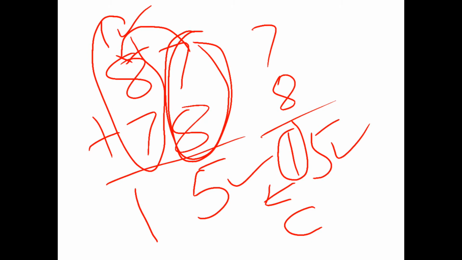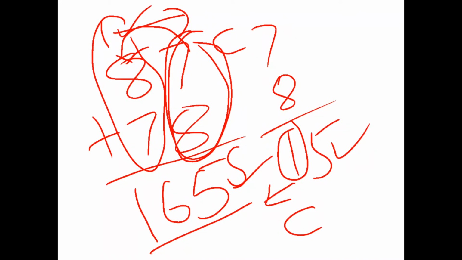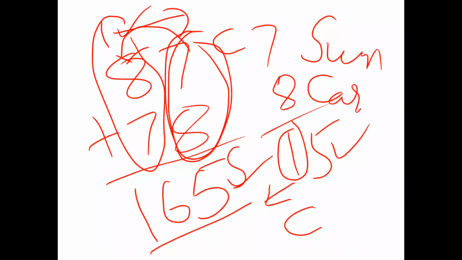So the result is 165. So this will be the sum and this will be the carry. So what we mean to say here, in decimal addition, the concept of sum and carry is there.